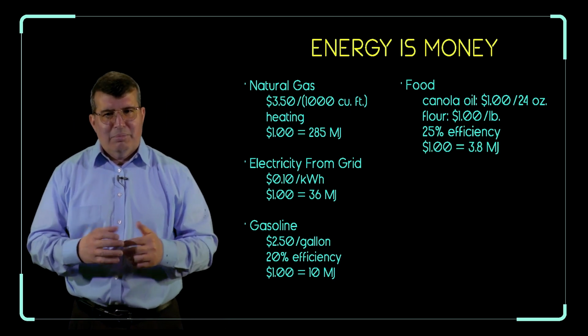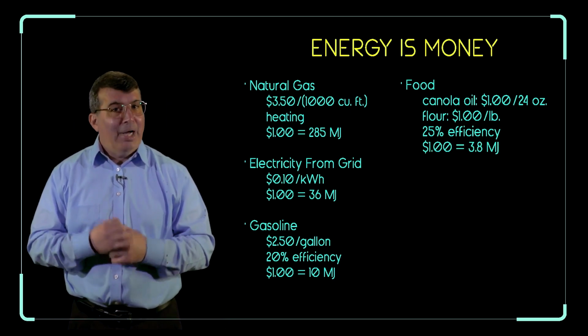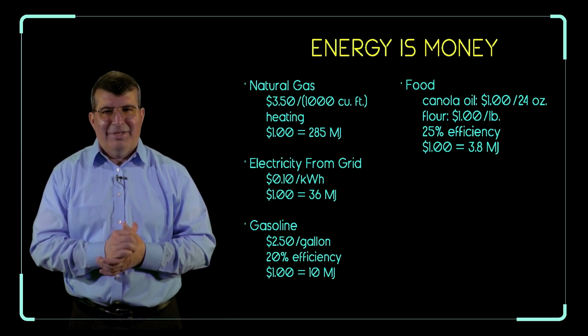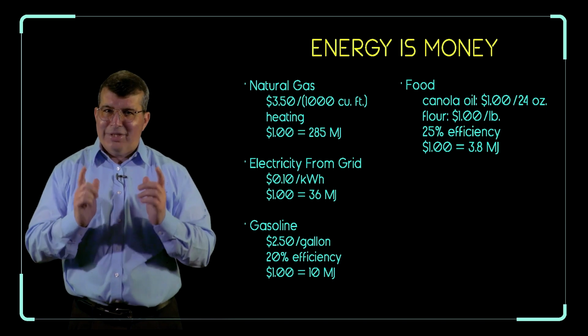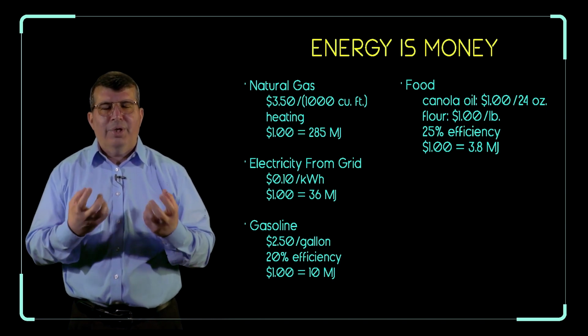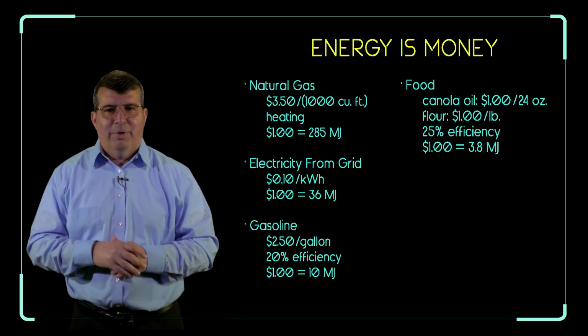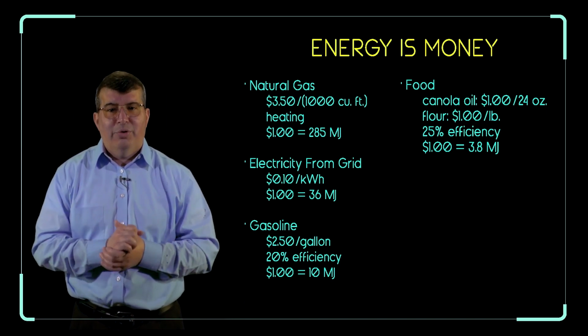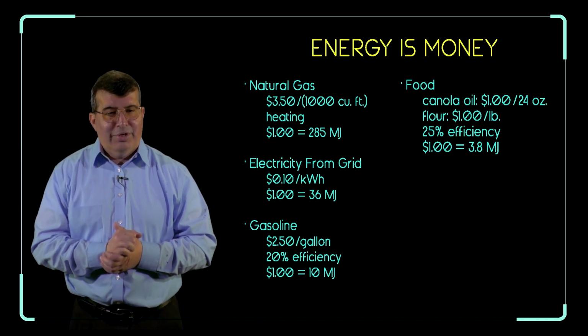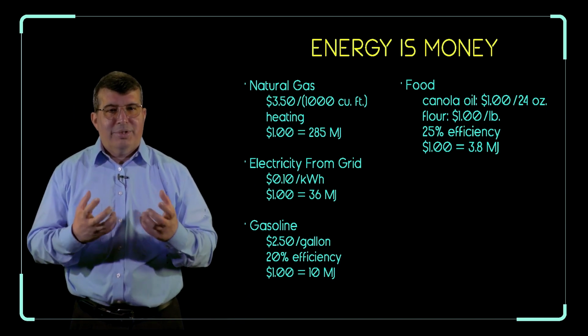So less than the gasoline, but we can't drink gasoline, okay? So the gasoline gives us more energy per dollar, but we can't drink it. We can't get our energy that way. So we get fewer million joules of energy out of food because it's more refined.